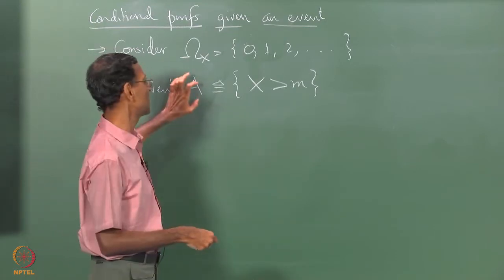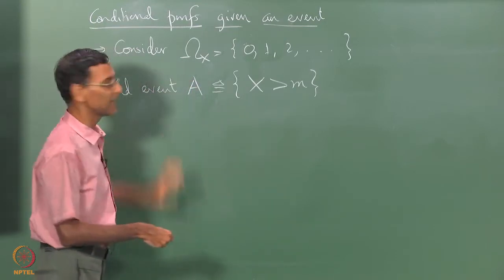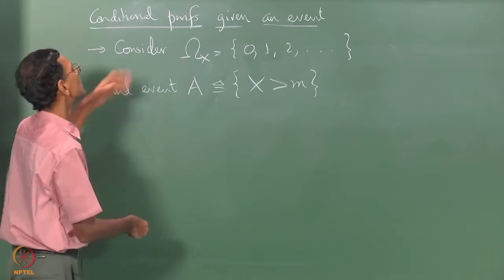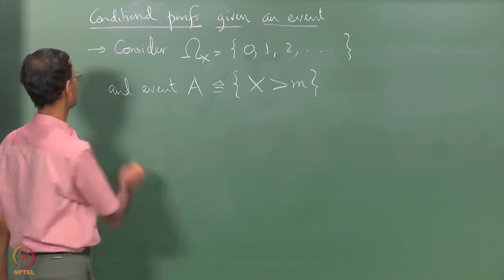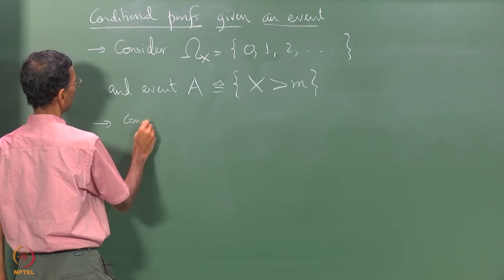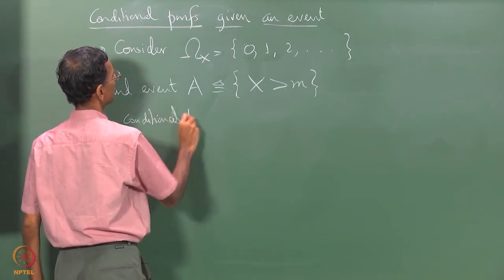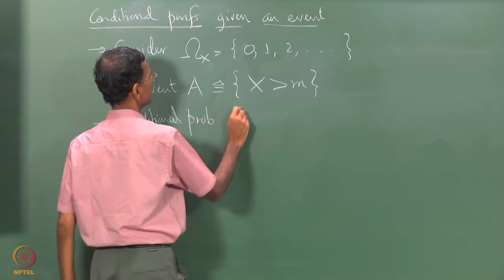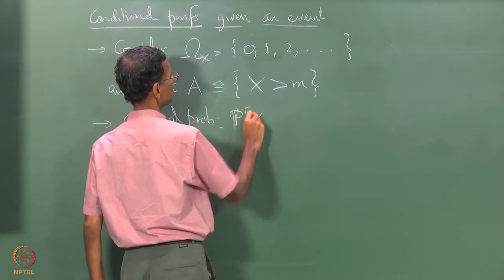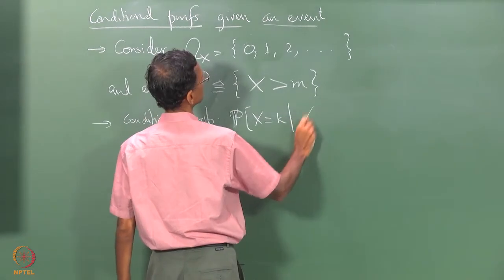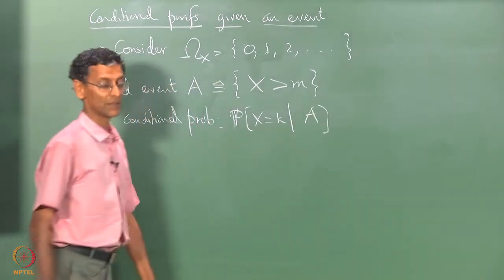So, with the information that A has occurred, how does the PMF of x change? So, we have the conditional PMF. Let me write the conditional probability P of, let us say, x equal to k given A. This is what we want.